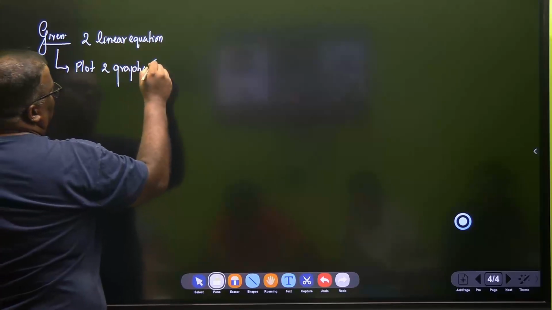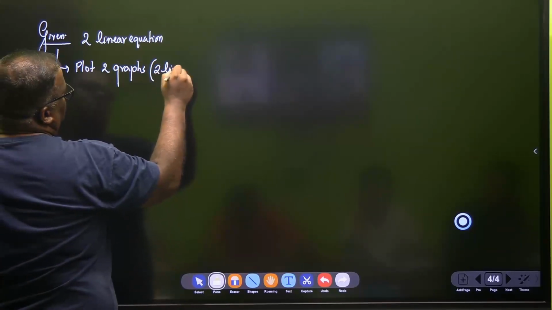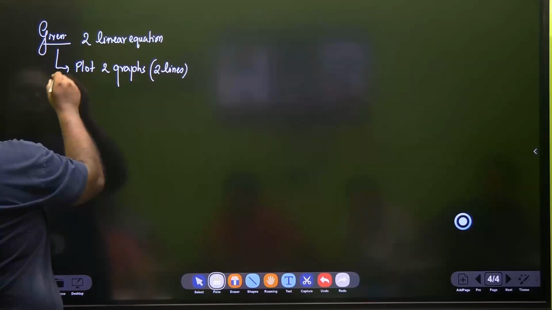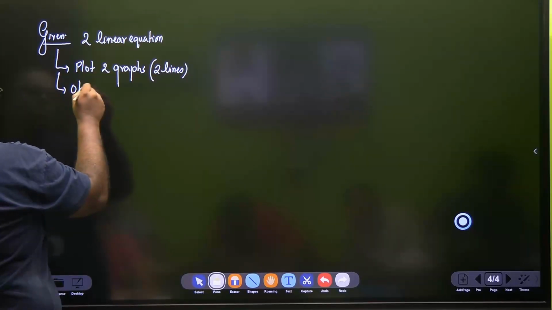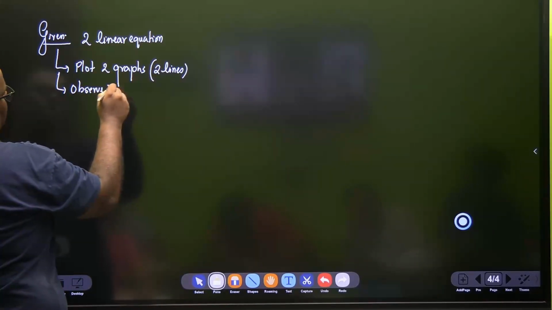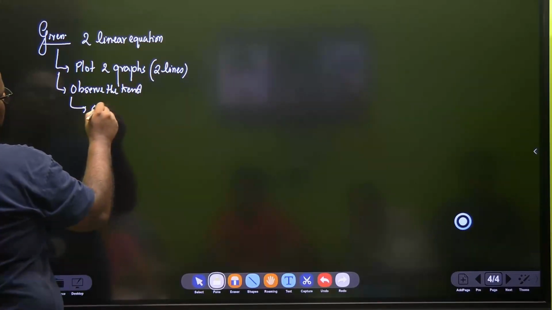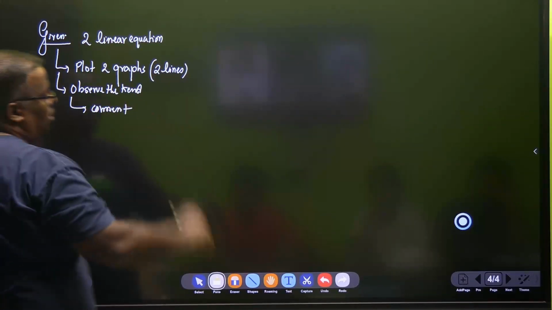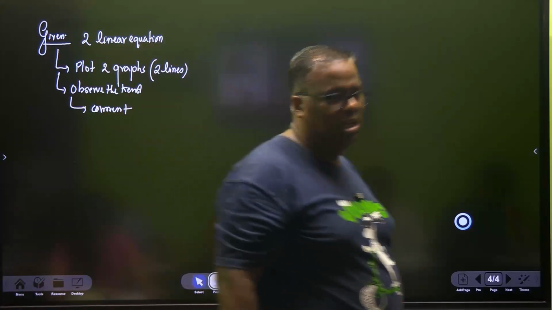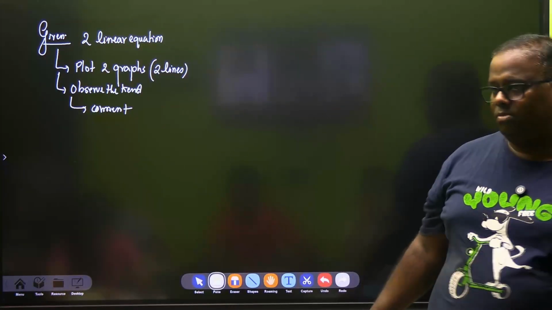Isn't it? Two graphs means basically two lines. And then what we have to do? Observe the trend. And once you observe the trend, after that you just comment. Comment what? If intersecting, there's a solution, the point of intersection, right?